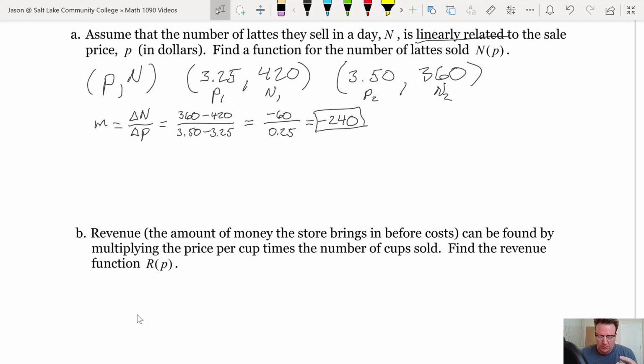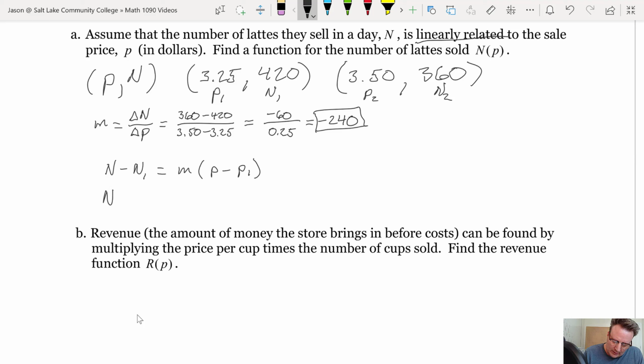Now we need to plug that slope and a single point, maybe point 1, into the point slope form, which in this context would have the formula: the dependent variable on the left minus the coordinate of the dependent variable is equal to the slope times, in parentheses, P minus P1.